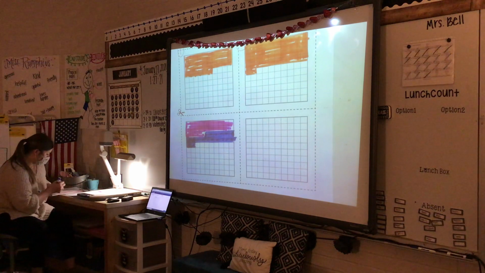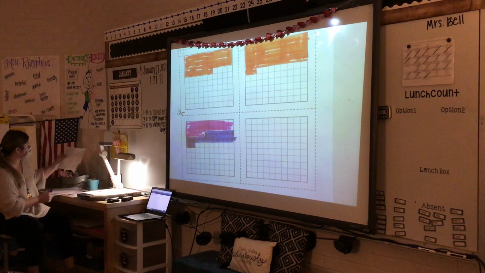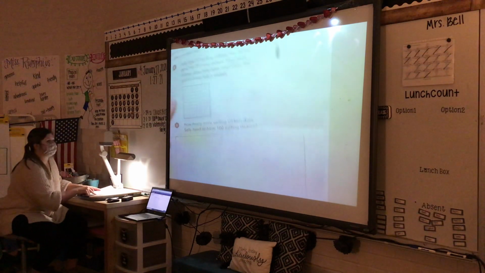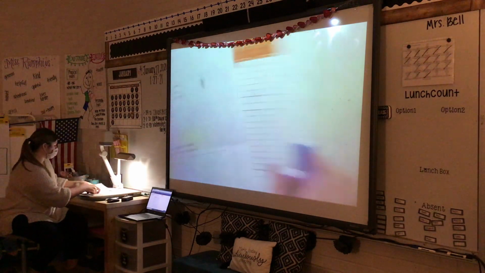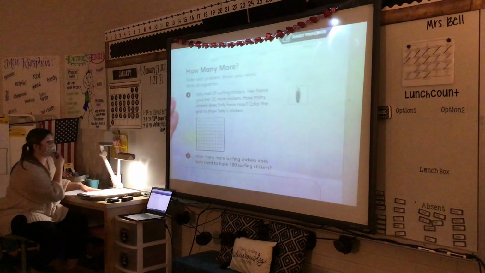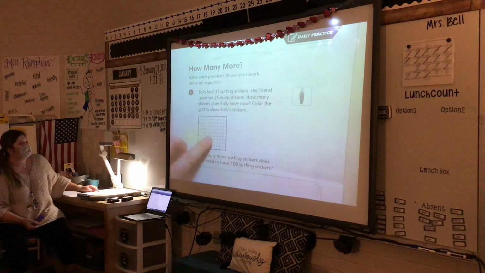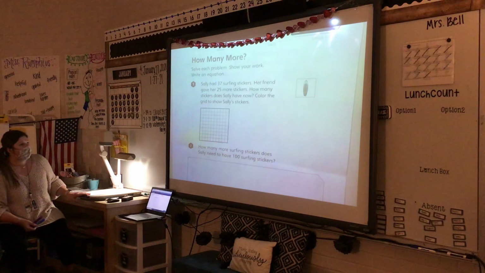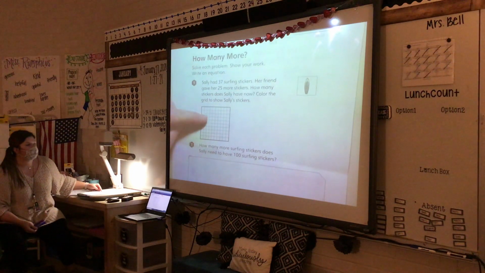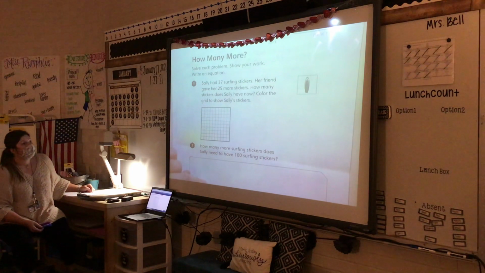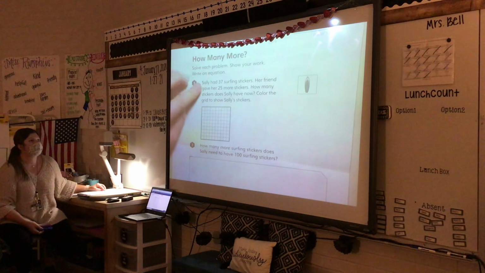Okay? But on the back, flip your paper over. On the back, this is going to be your work for today. It's the same problem, but it gives you this little hundreds chart to use. And you're supposed to figure out how many she has here and then see how many she needs here, okay? So let me read it to you. Sally had 37 surfing stickers.